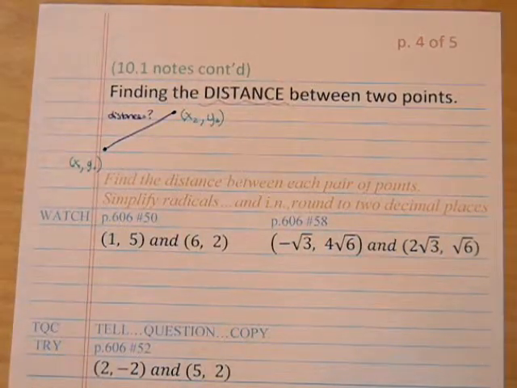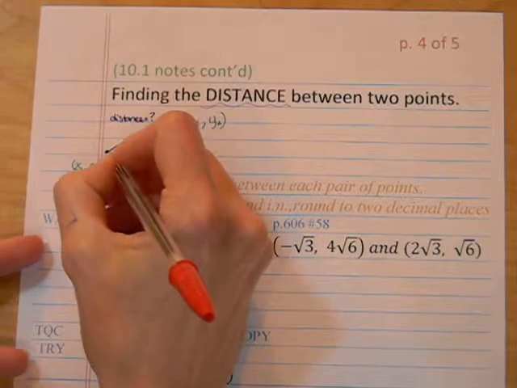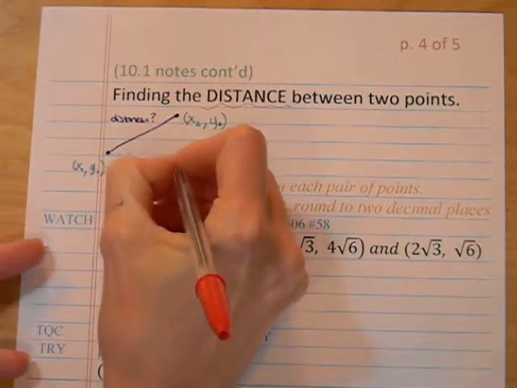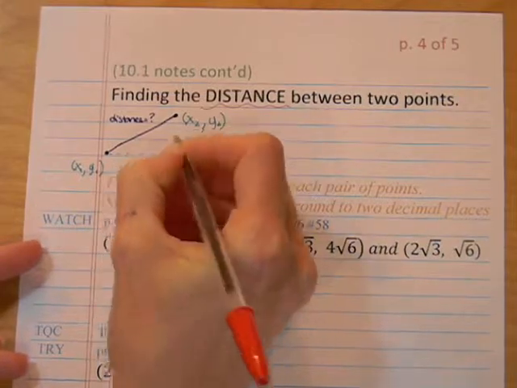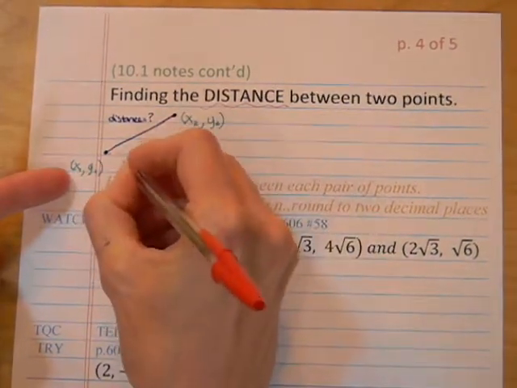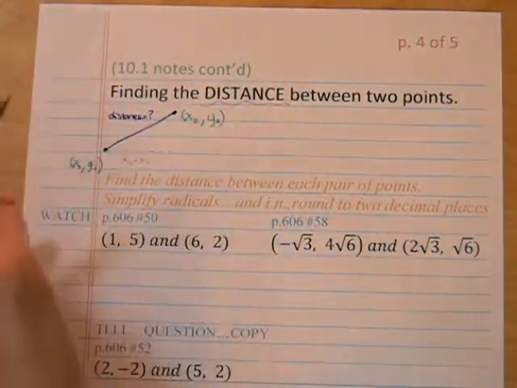Well, one way of looking at that is, if you use a walking around the block kind of idea, you would go this direction a certain amount. In fact, you'd be traveling from x1 to x2, so that distance would be x2 minus x1, the difference between the x coordinates.